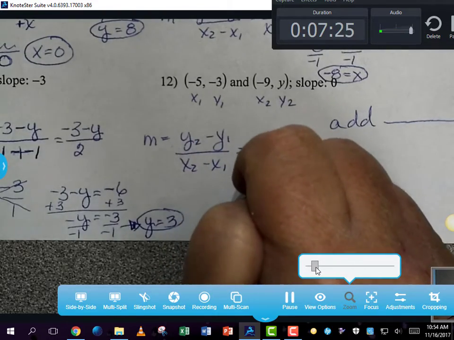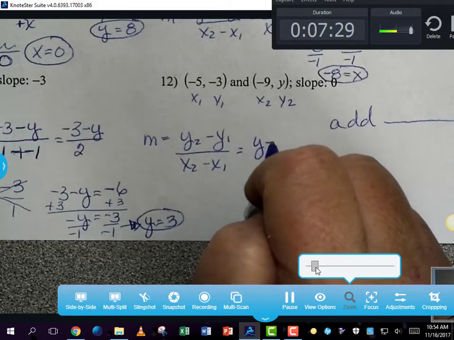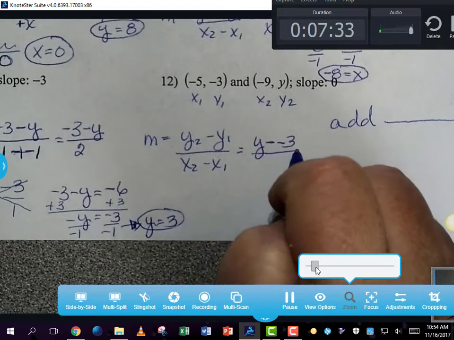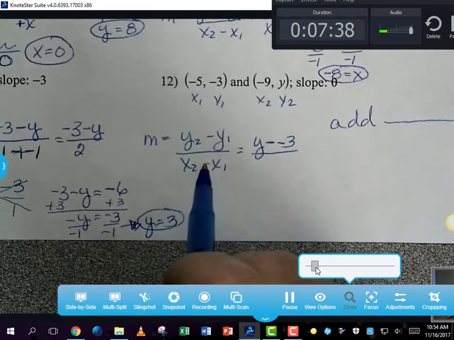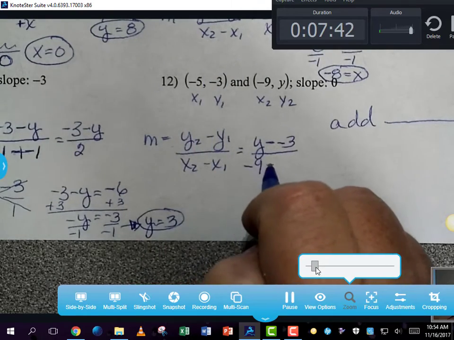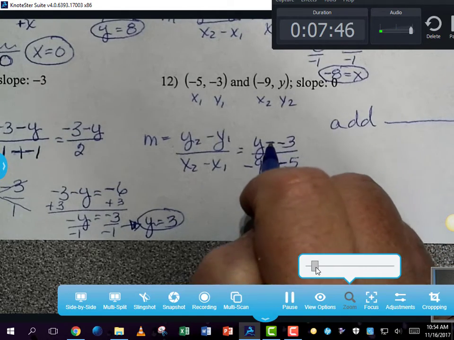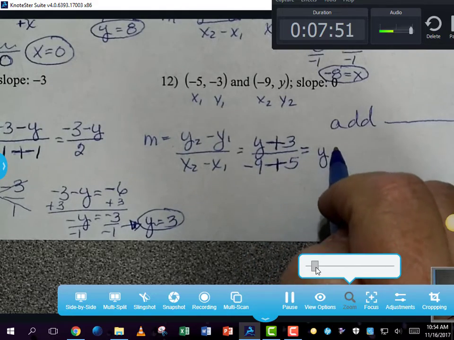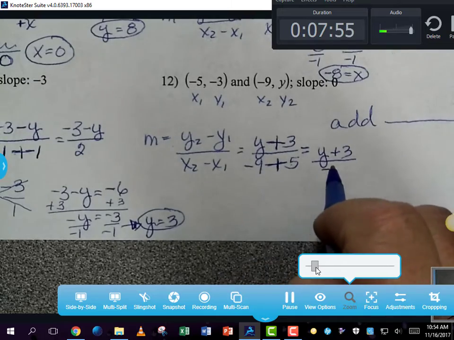So I'm going to have y, because that's y sub 2, minus, from the formula, y sub 1 is negative 3, divided by x sub 2 is negative 9, minus negative 9 minus negative 5. When I subtract a negative, I really am adding, so that's both numerator and denominator. So I end up with y plus 3 divided by negative 9 plus 5 is negative 4.